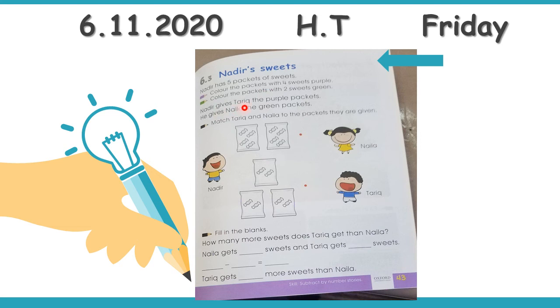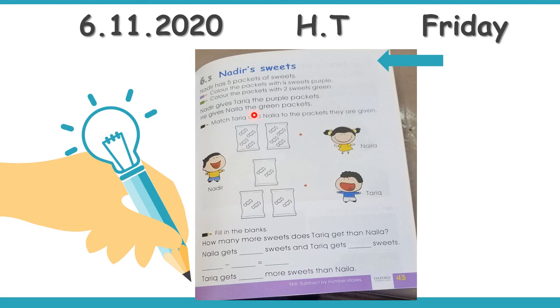Nadir gives Tariq the purple packets. The purple, the first one, where there are 4 candies in a packet, that will be purple, and where there are 2 candies in a packet, that will be green. So he gave the purple packet to Tariq. He is Tariq.